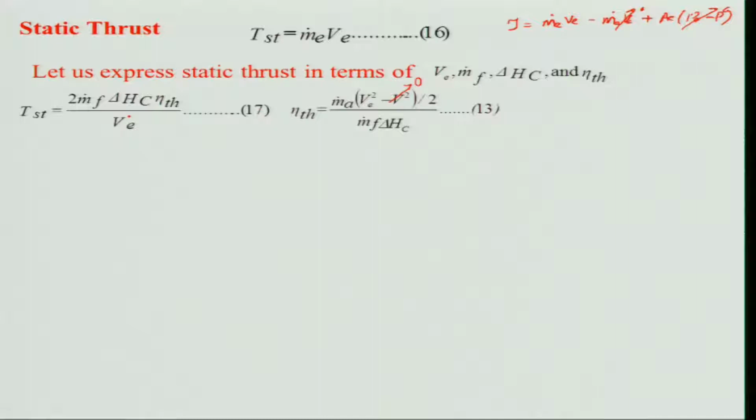If I assume that I am burning a certain amount of fuel, for a particular fuel flow rate and a particular kind of fuel, let us say aviation turbine fuel in case of an aircraft engine, and the efficiency remains constant, which of course may not be, then the static thrust is inversely proportional to the jet velocity, or what I call the exit velocity from the engine.